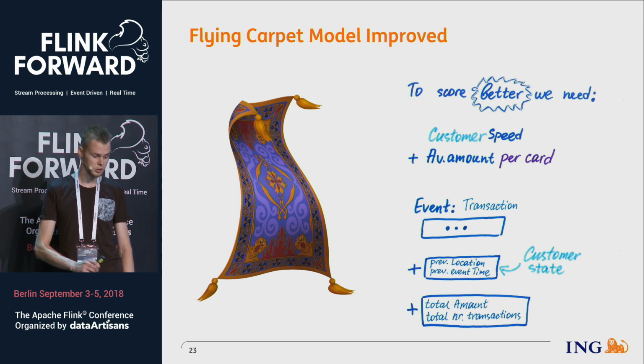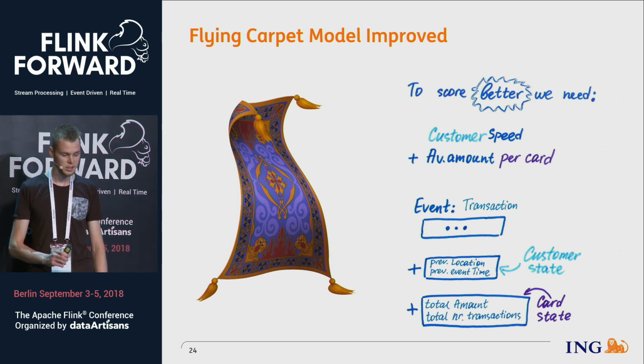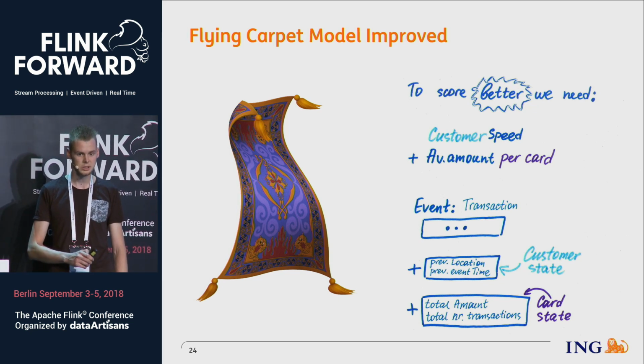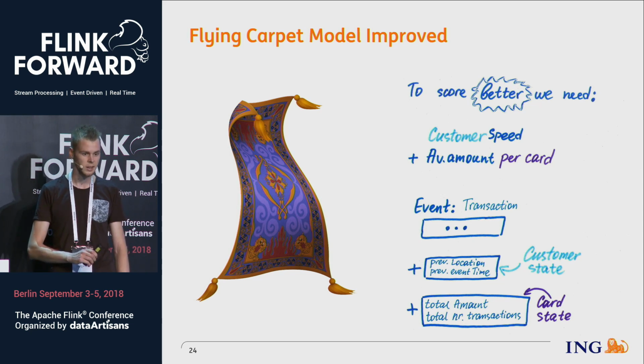We still have the customer state as before, and we can also keep the card state, which is the total amount, so the sum of all the amounts of the withdrawals in the past, and the total number of transactions. Divide one by the other, and you get the average amount for this particular card.